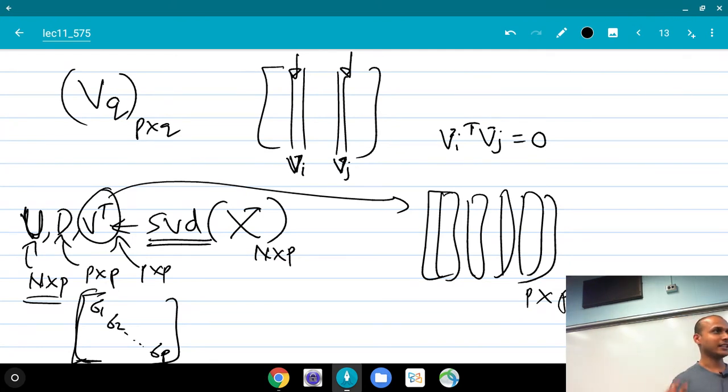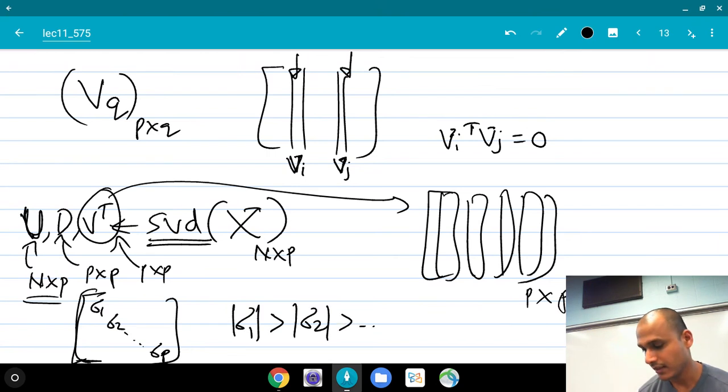Permute the columns of U and V such that there is no issue with reordering the singular values. You reorder them such that the magnitude of sigma 1 is greater than the magnitude of sigma 2, all the way down to sigma p. Let's assume that the solution that gives you the U, D, and V transpose is such that this is the case.